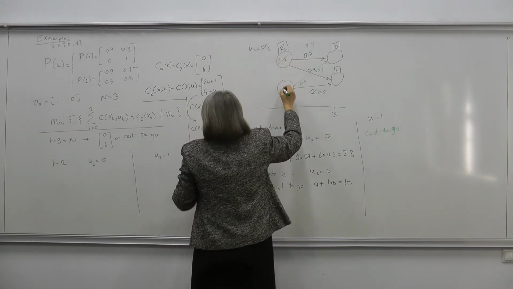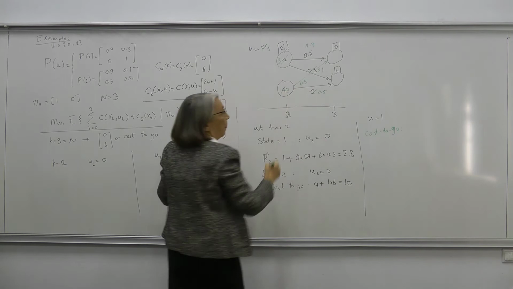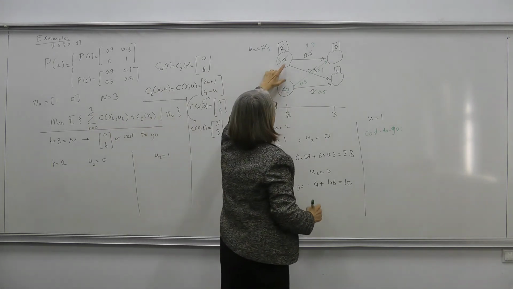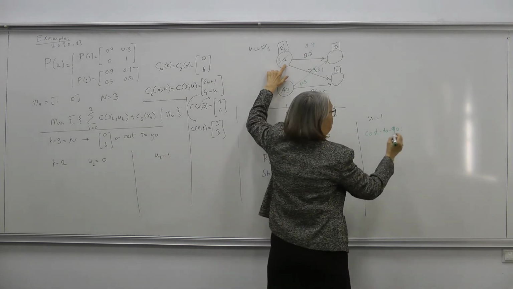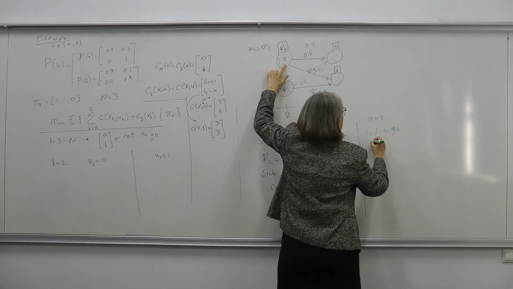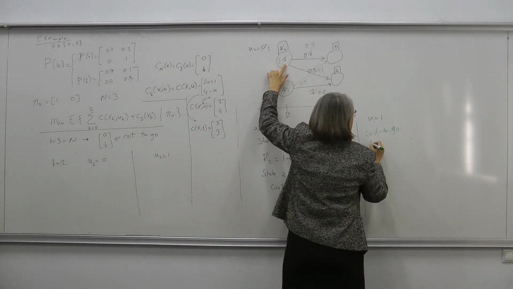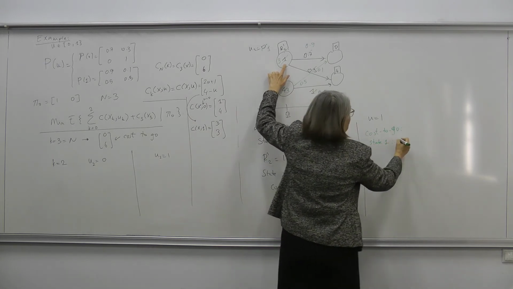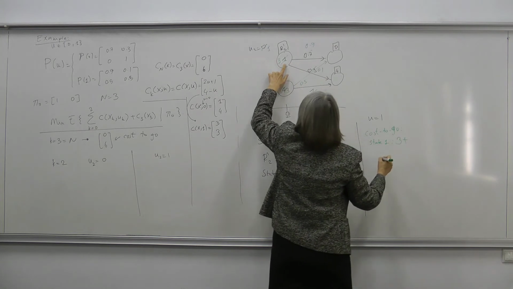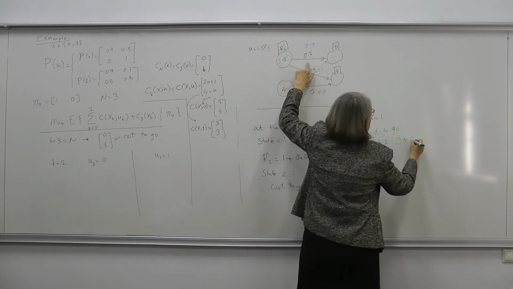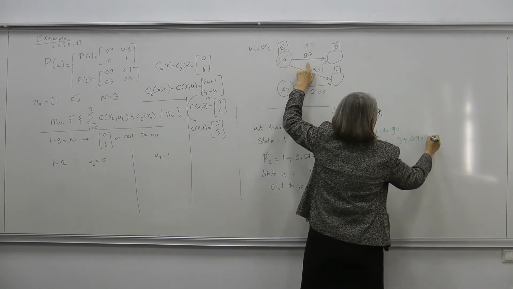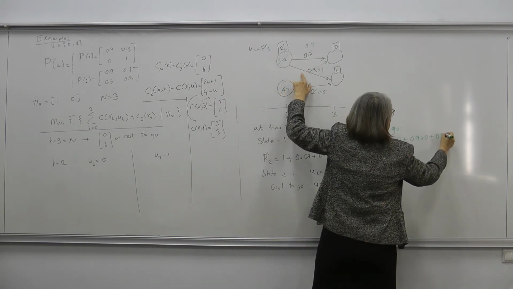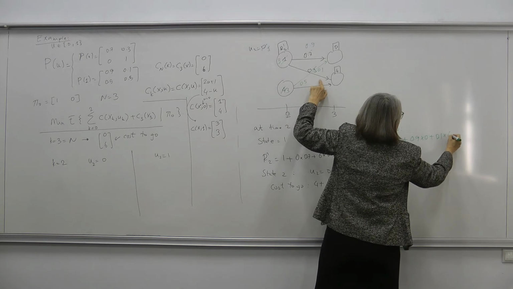This is 3 and this is also 3, since the input is equal to 1. So the expected value of cost to go, if I am in state 1, will be equal to 3 plus 0.9 times 0 plus 0.1 times 6.